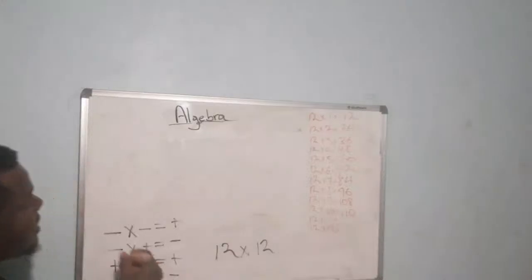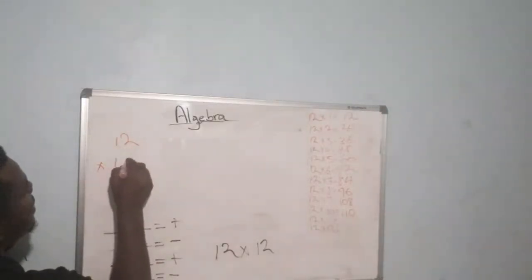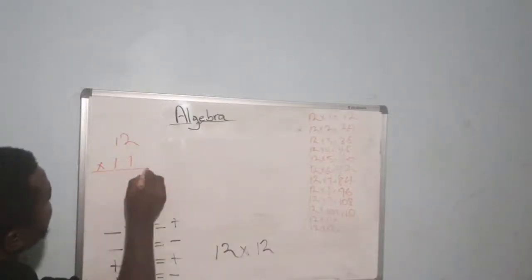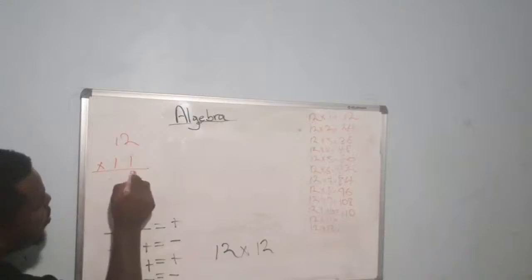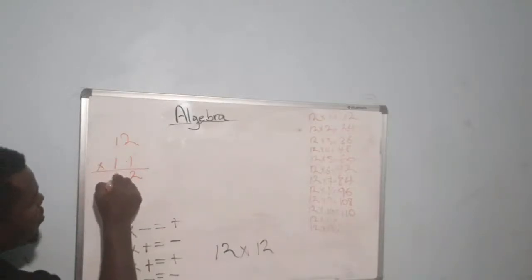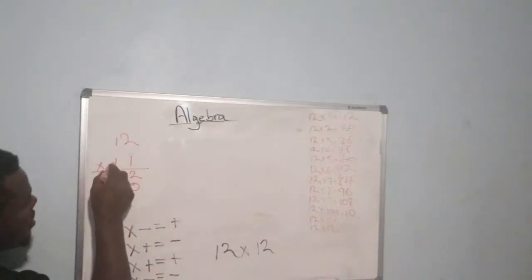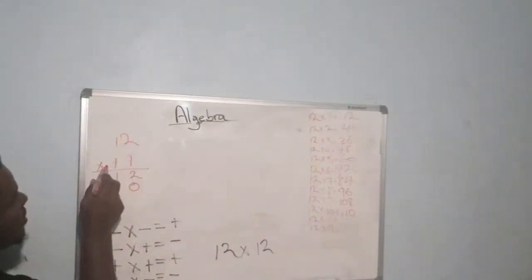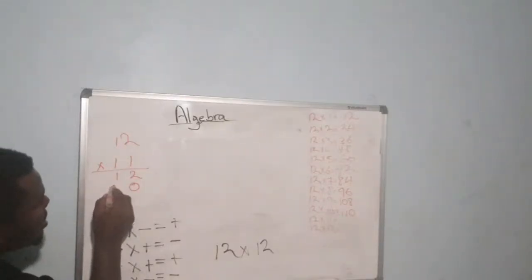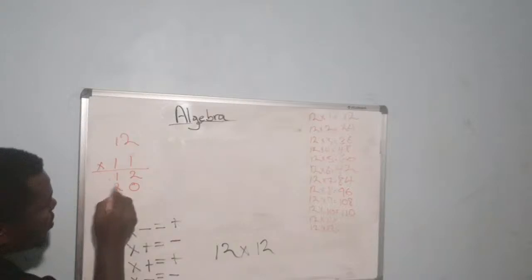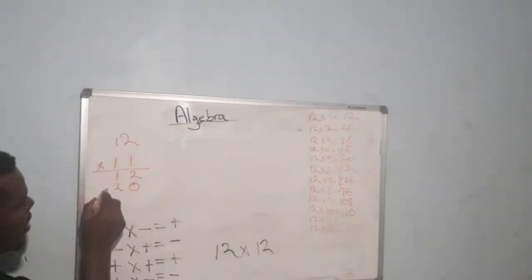And 12 times 11. Alright? So 1 times 2 is 2. 1 times 1 is 1. Now you add a 0 for that placeholder. And you use the 1 now to multiply the 12. So 1 times 2 again is 2. And 1 times 1 is 1.